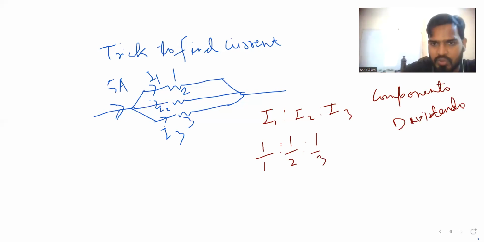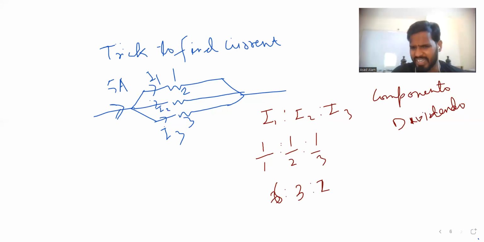Taking LCM 6, the ratio becomes 6 is to 3 is to 2.